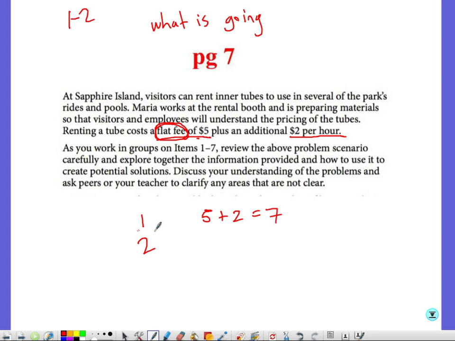So if I have 2 hours that I wanted to rent the tube, I'm still going to get charged just $5, but since I'm using it for 2 hours, for each hour I get charged $2, which basically comes out to $4, and when I add 5 plus 4, that's going to give me a total cost of $9.